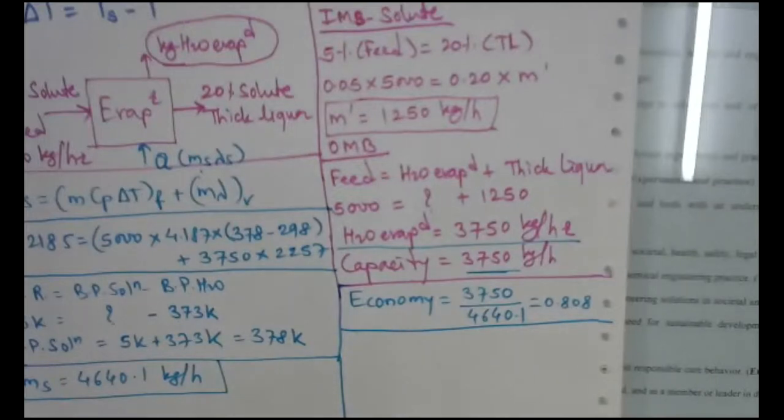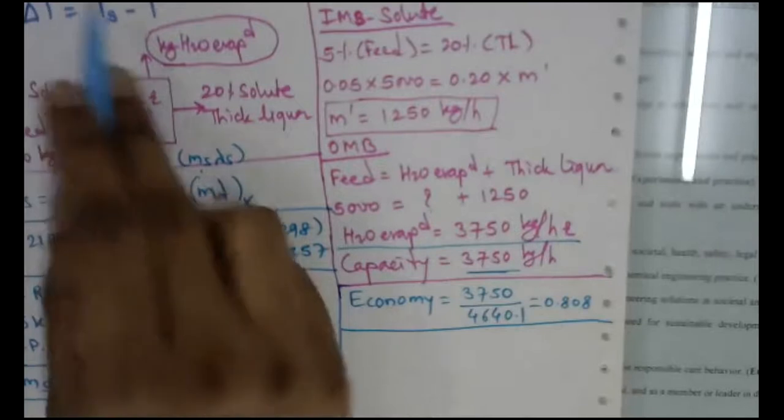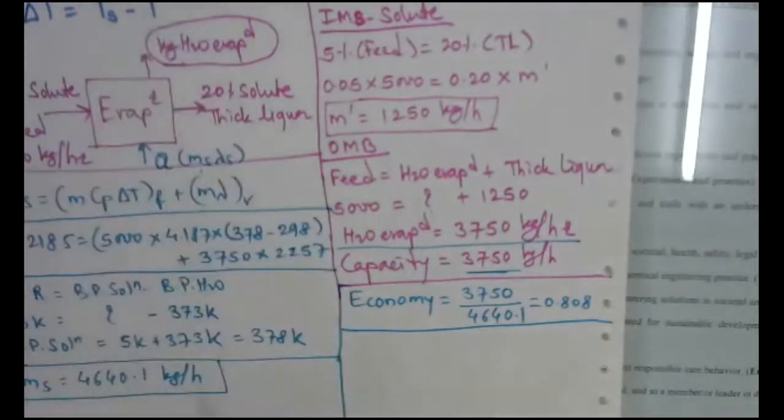Right? Now, how to calculate area? We have already discussed this formula, Q equal to UA delta T, which can be utilized.